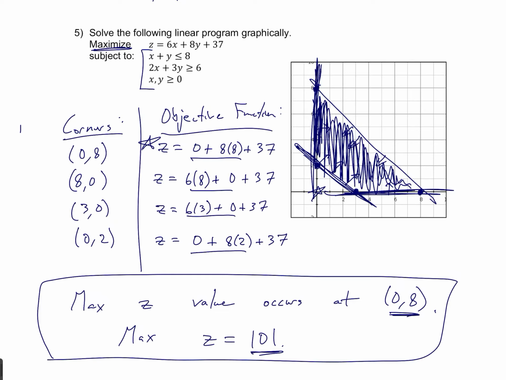So we'll have some reasonable constraints that we set on our situation, and then this would say that you can type up 101 documents if you don't bring in the first person and you bring in the second person for 8 hours, right? If this were some sort of word problem.